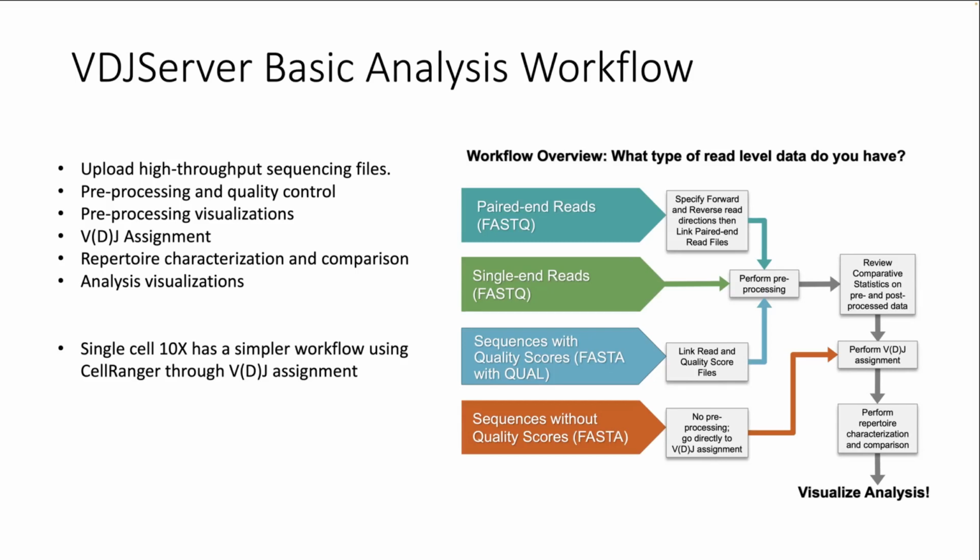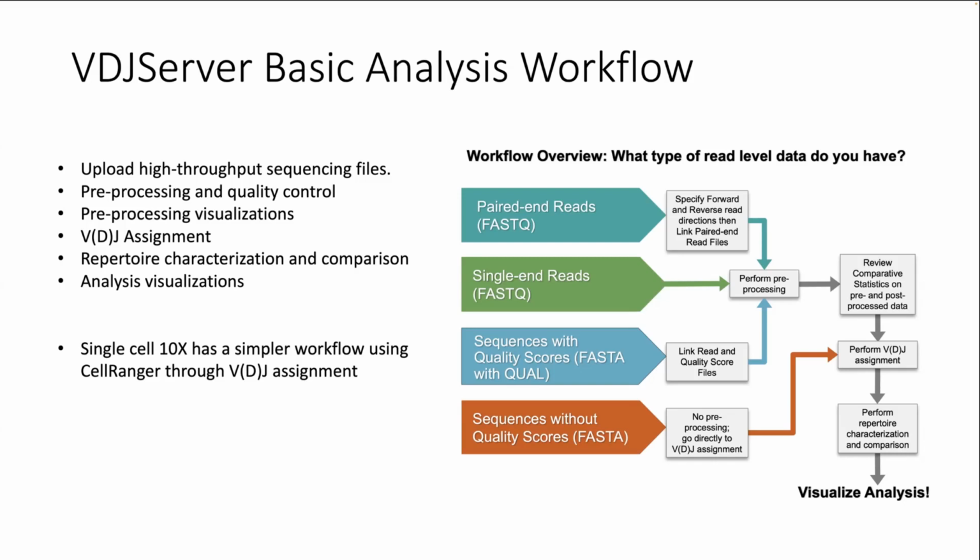This diagram I'm showing you is the workflow for bulk immune repertoire sequencing. So you often have paired end reads or some sort of sequence read files that you do some pre-processing on, quality control. Once you're fine with that, then you do VDJ assignment on that, and then finally there's a bunch of post analysis that you would do.